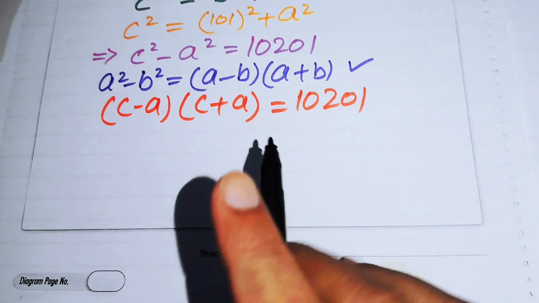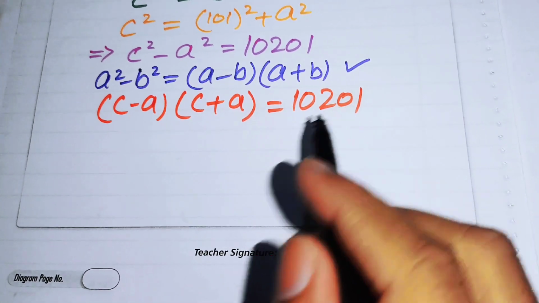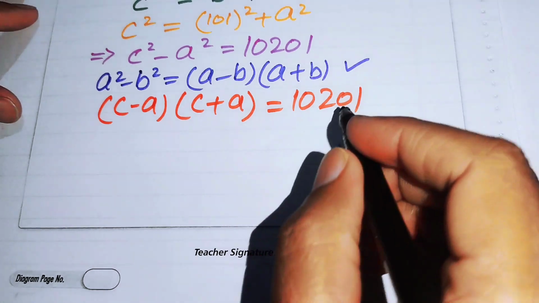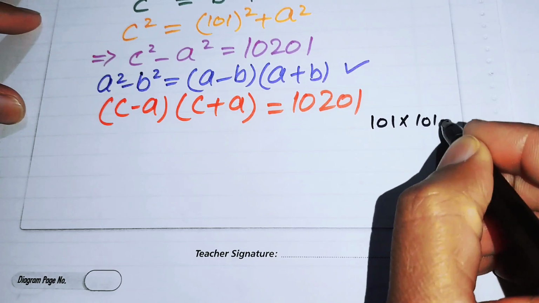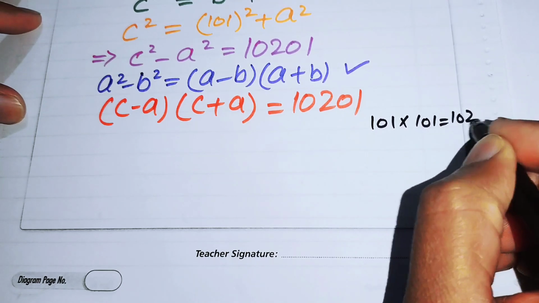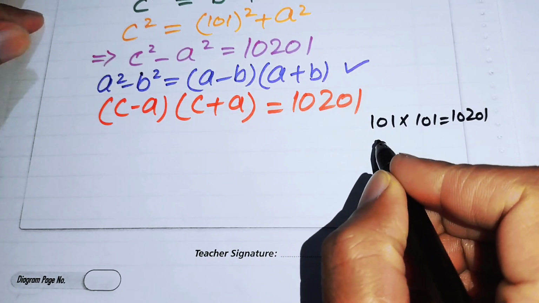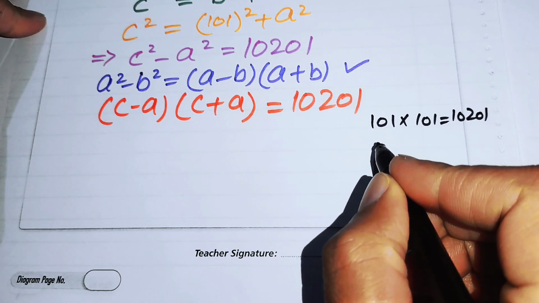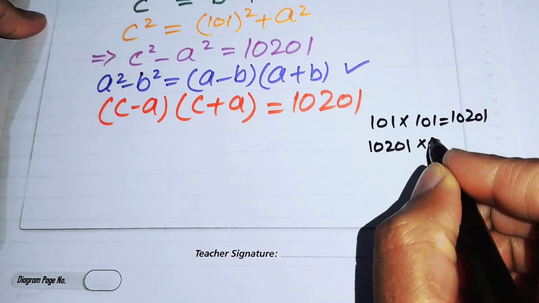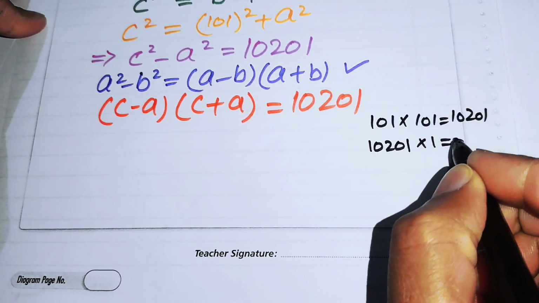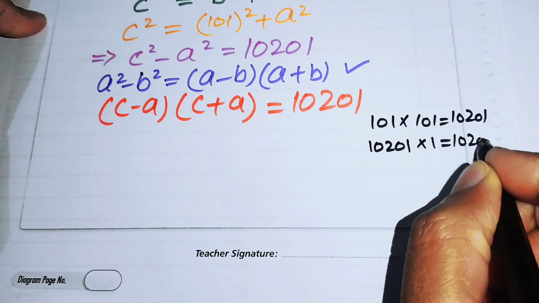So first we can find the factors of the right hand side. The factors of 10,201 are: if you multiply 101 by 101, you will get 10,201, and the other case is if you multiply 10,201 by 1, it is also equal to 10,201.